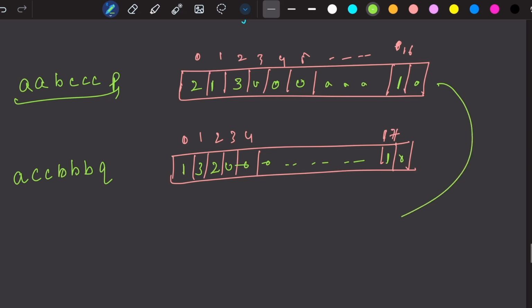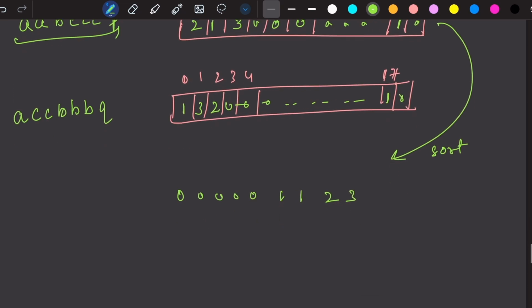If we sort this, it will be all zeros, and 2 times 1, then 2, then 3. And when this is sorted, it will also be all zeros, 1 is this, 1 is this, so 2 times 1, then 2, then 3.